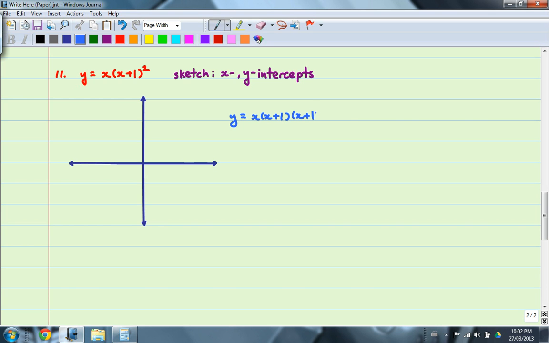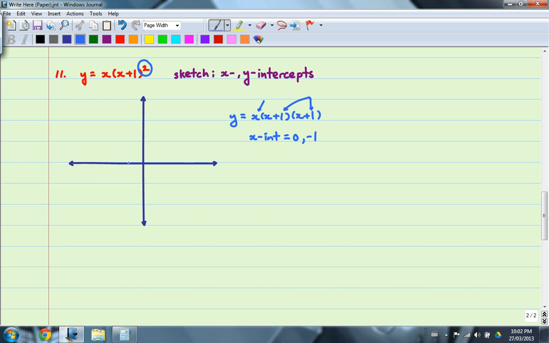And they are going to be 0 and negative 1. Okay, you get the 0 from the x, and you get the negative 1 from the x plus 1s. Okay. So hopefully you recall from the class what it means to have 2 of the same root, like we have here.